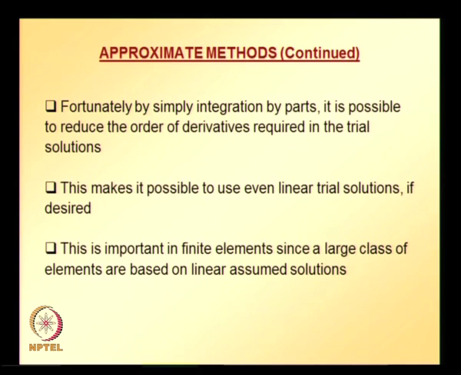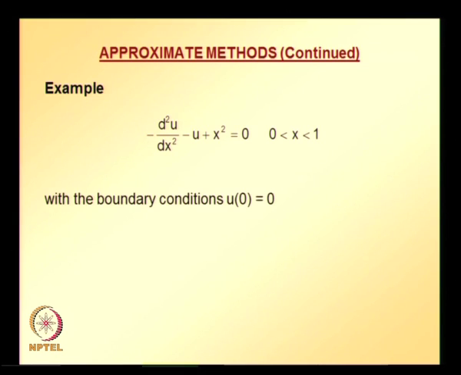So, now let us look at how to proceed. Let us take this example. For a while forget about the previous example that we were looking at, the boundary value problem which involves the sine function. Now let us look at this boundary value problem, which is a second order boundary value problem, and we need to find an approximate solution of this over the domain x going from 0 to 1, and it needs to satisfy two boundary conditions. u evaluated at x equal to 0 is 0, and the first derivative of u evaluated at x equal to 1 is 1.